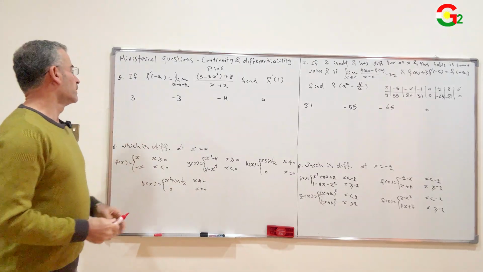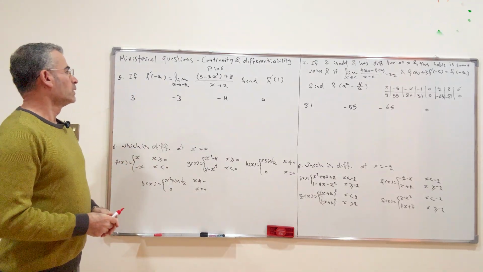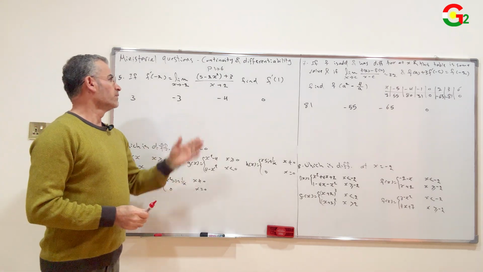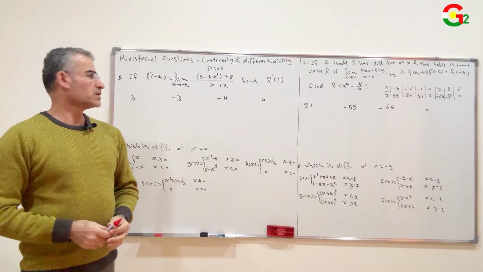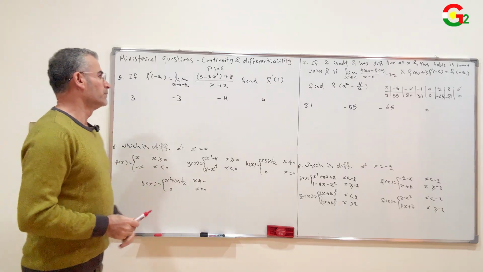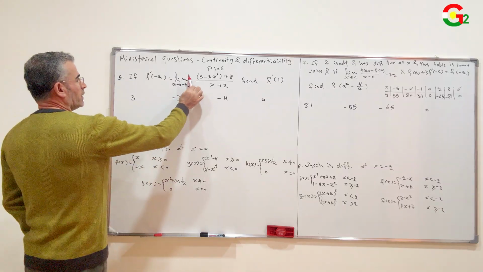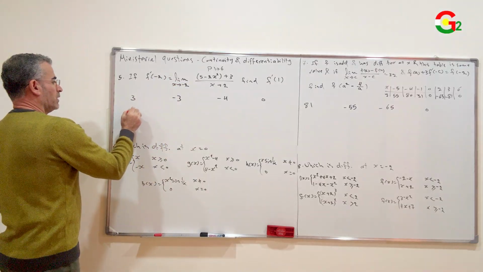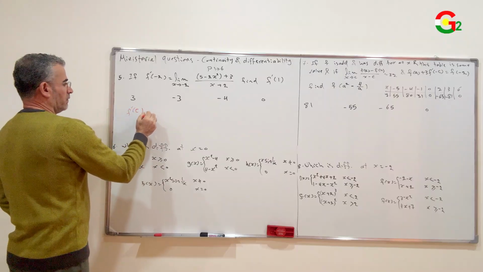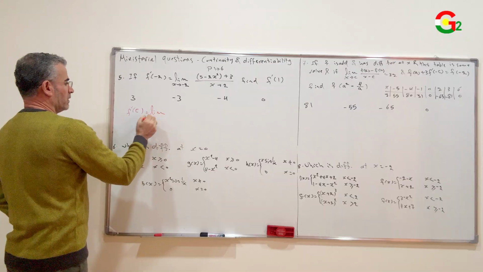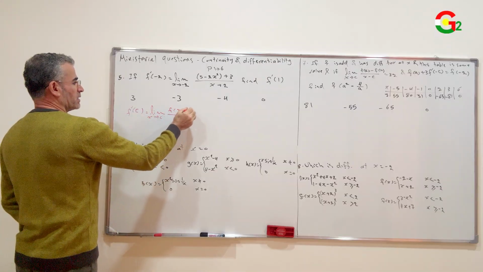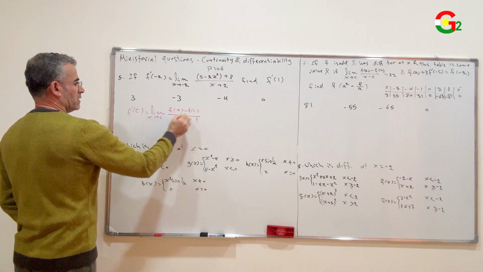Question number 5. If f prime of negative 2 equals the limit as x approaches negative 2 of 5 minus 2x squared over x plus 2, find f prime of 1. If we compare this limit with the definition of the derivative, when x approaches c it is f of x minus f of c over x minus c.